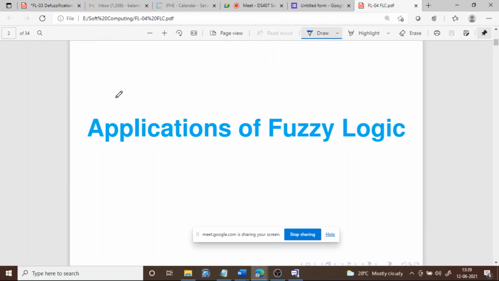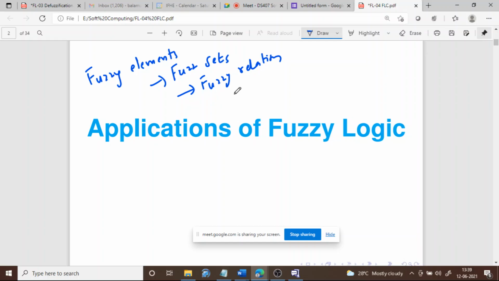A typical fuzzy system contains fuzzy elements, which are part of a fuzzy set, and then we have fuzzy relations, fuzzy implications, and fuzzy inferences, and then comes defuzzification.